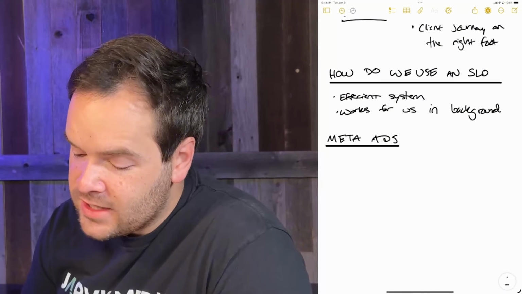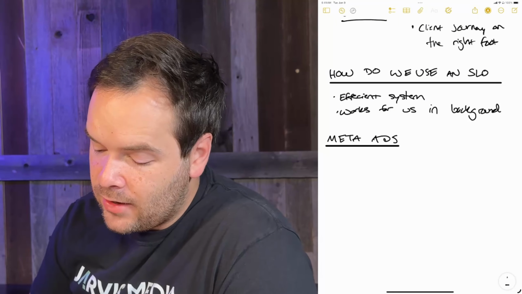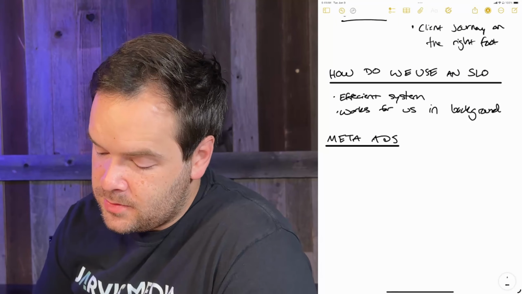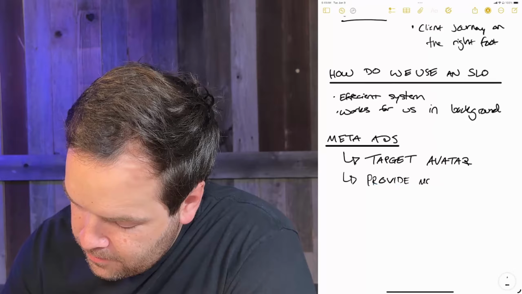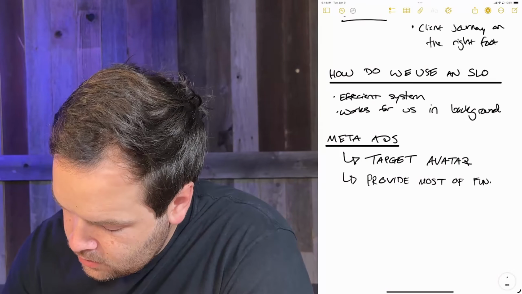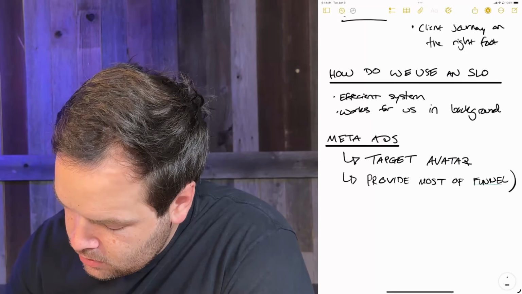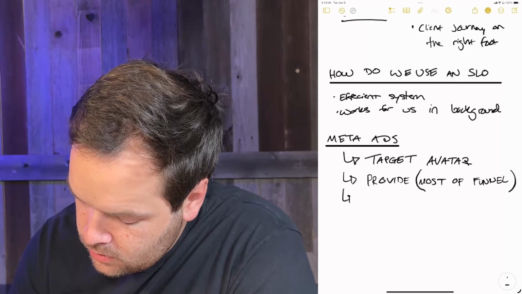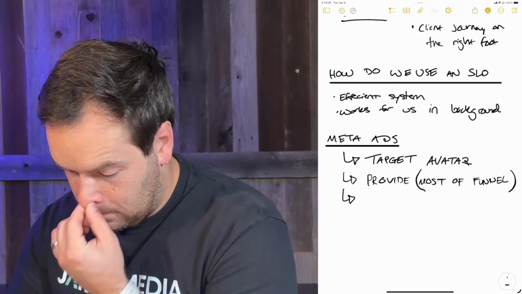So to do this, we need to obviously build out a system in meta ads. This is going to allow us to target the avatar that we're looking for, provide at least most of the funnel, and then ultimately deliver.